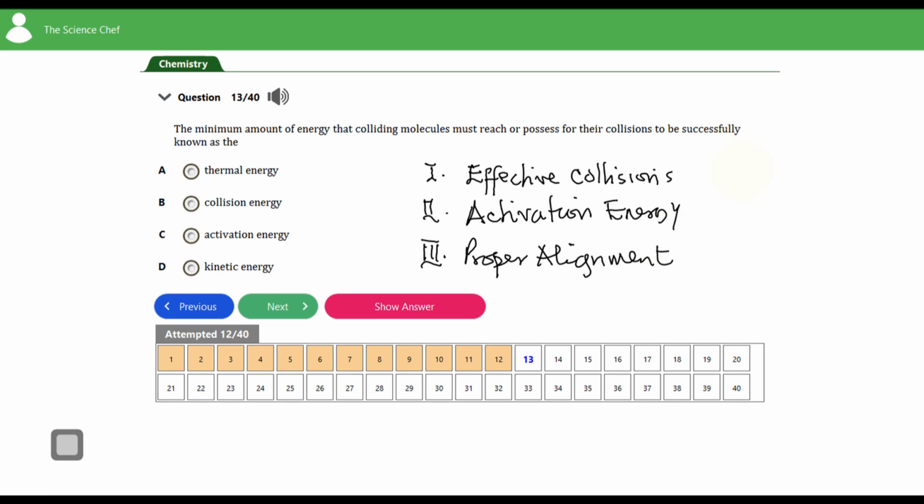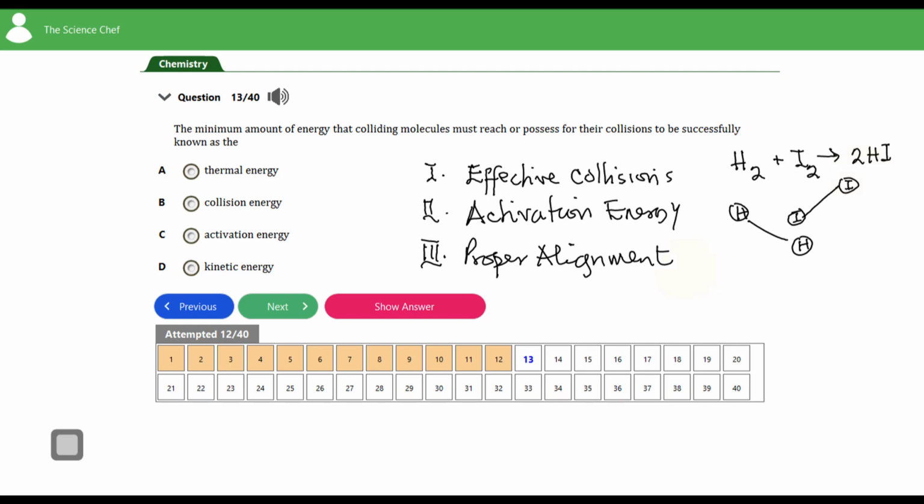Let's say hydrogen is reacting with iodine. Hydrogen molecule is reacting with iodine molecule to form hydrogen iodide, right? If hydrogen molecule is aligned this way and the iodine molecule is aligned this way, there's no way it will lead to the formation of a product. It's not possible. That is an improper alignment, right?